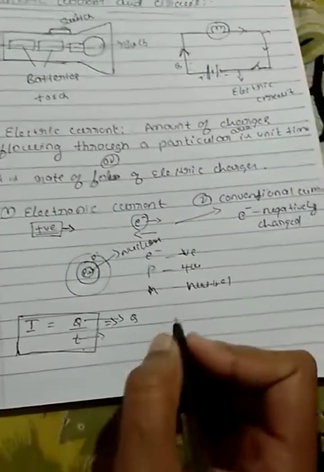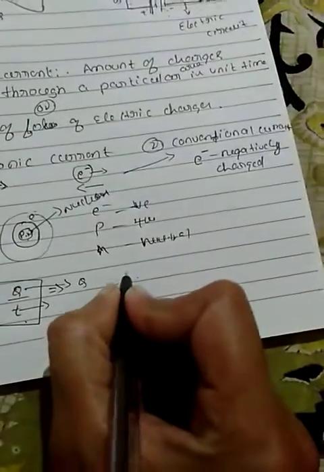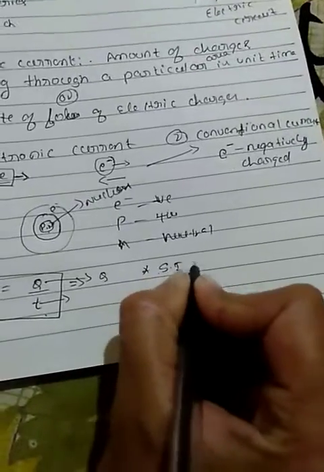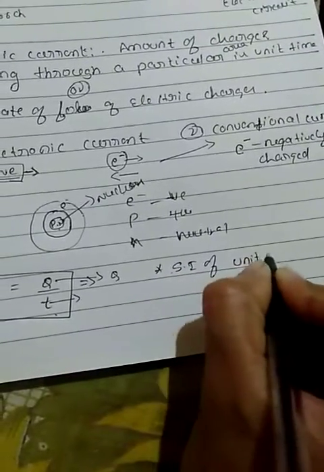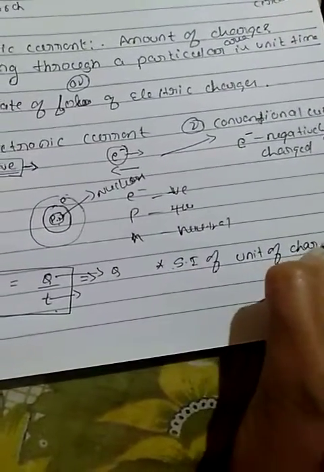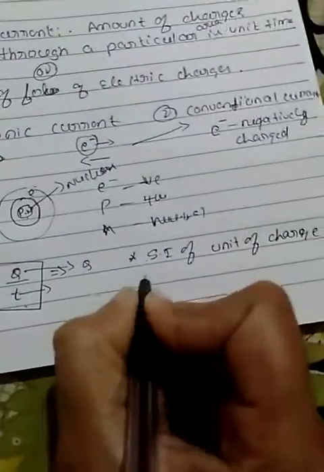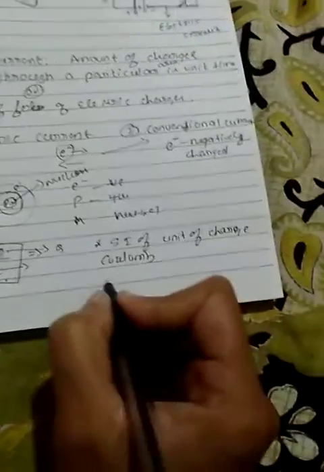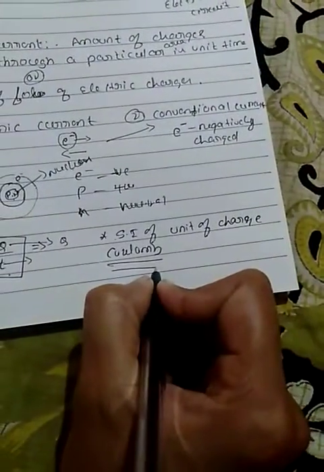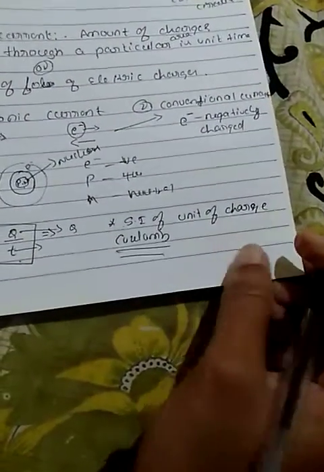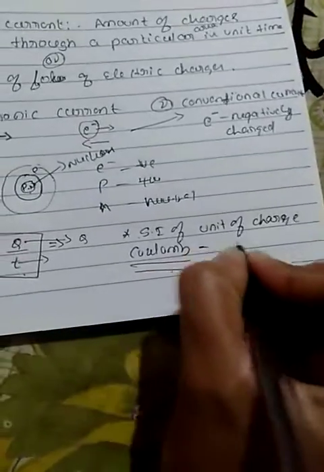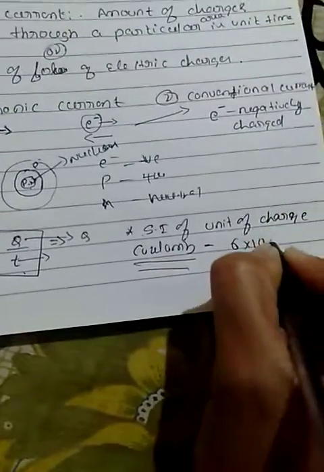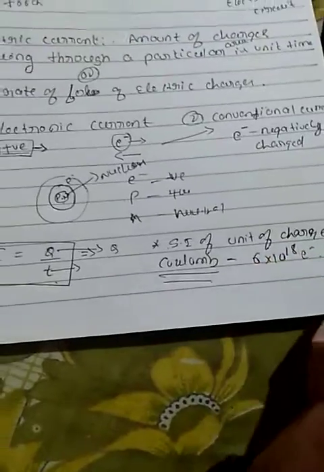Now remember the SI unit of charge. The SI unit of charge is coulomb. One coulomb is equivalent to the charge contained in nearly 6 into 10 power 18 electrons.